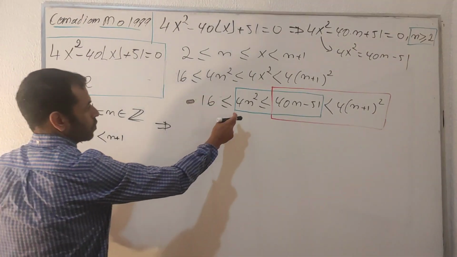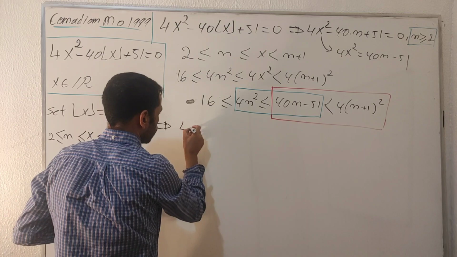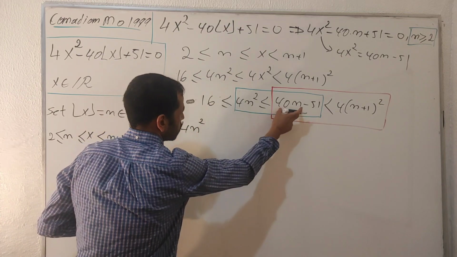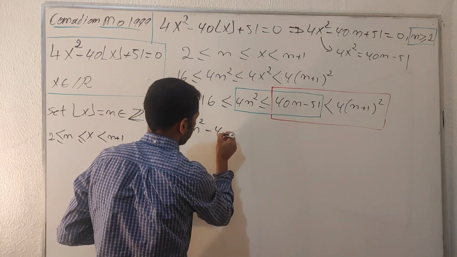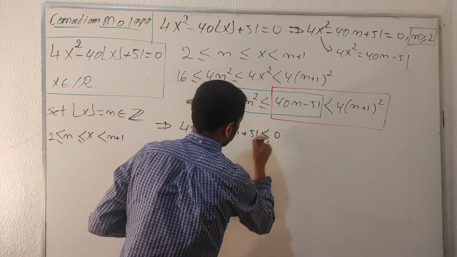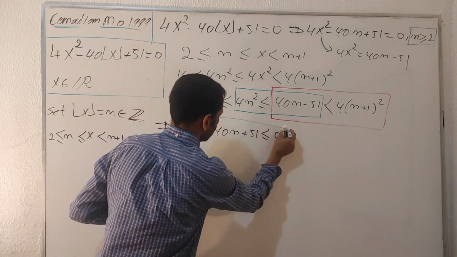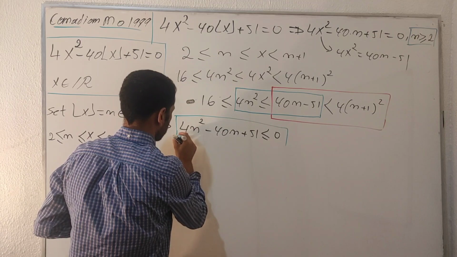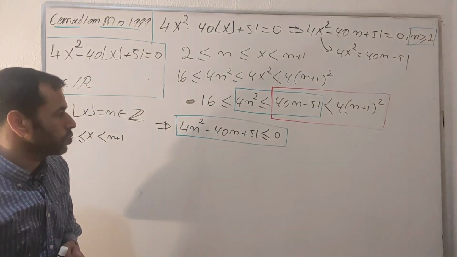For the central inequality, by taking these two terms to the left side, I get 4n² − 40n + 51 ≤ 0. Let's mark this one in blue to make sure we are working on that inequality.